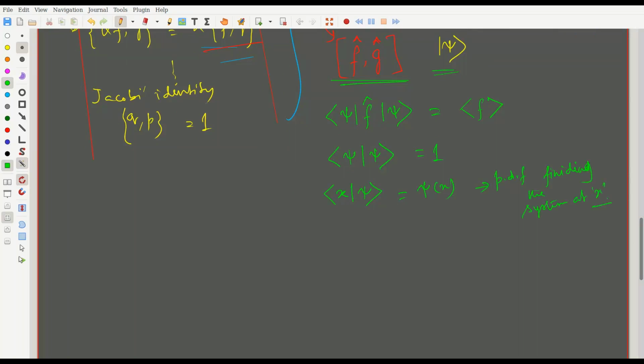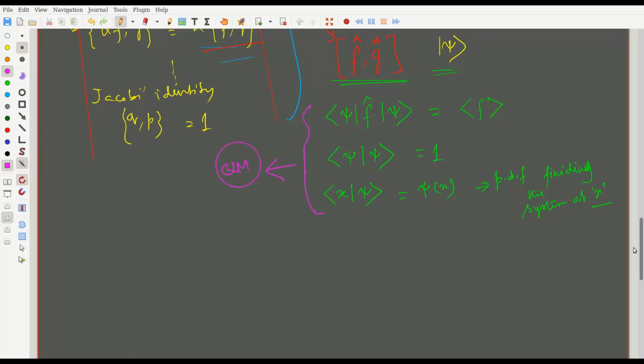As soon as you specify these three things, now everything is determined. So these are basically your Born interpretation of quantum mechanics, and this together with this gives you the whole of quantum mechanics.